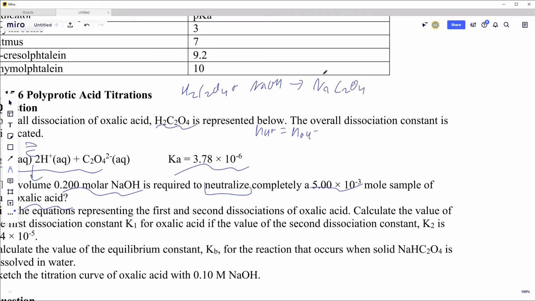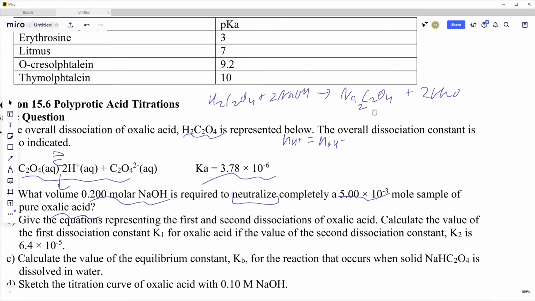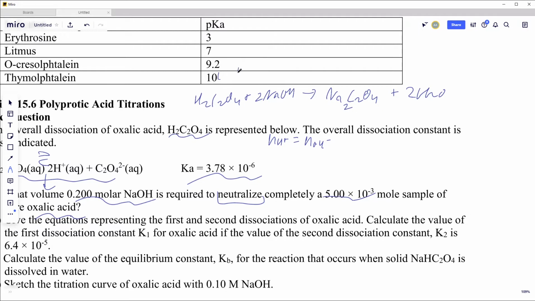Here you have 2 minus and here you have plus, so you need 2 sodiums, and 2H plus with 2OH minus gives you 2H2O. From this we can get a 1:2 ratio, and it's important that we know the coefficients.